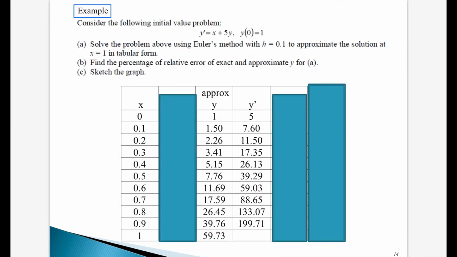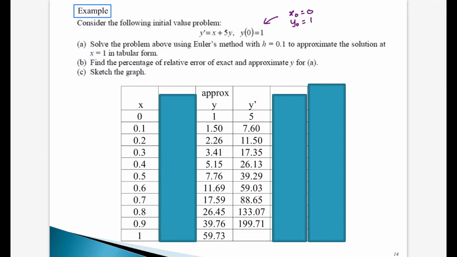Let's look at another example. Consider the following initial value problem: y prime equal to x plus 5y, y(0) is equal to 1. So this means x0 equal to 0, y0 equal to 1.